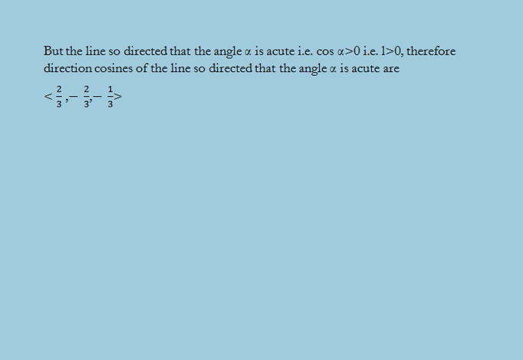Thus, the direction cosines of the given line formed by joining the two given points are 2 by 3, -2 by 3, -1 by 3. With this, we conclude the first lecture based on three-dimensional geometry, in which we have discussed direction cosines of a line and direction ratios of a given line.